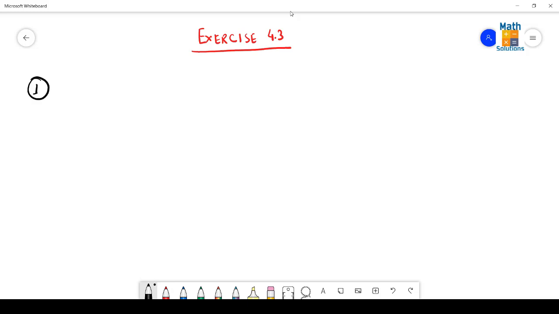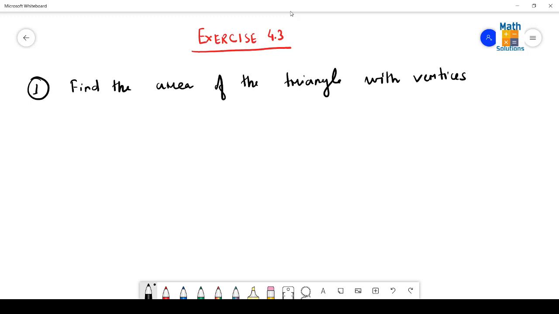The first question is, find the area of the triangle with vertices at the points given in each of the following.